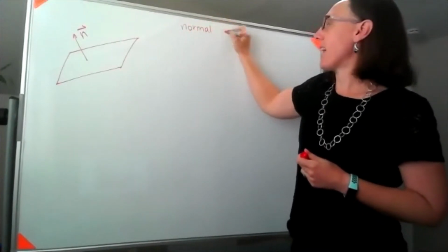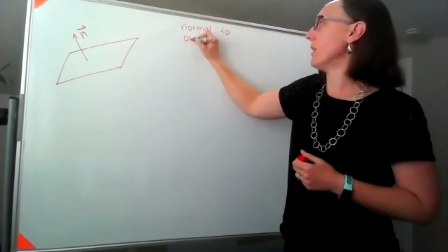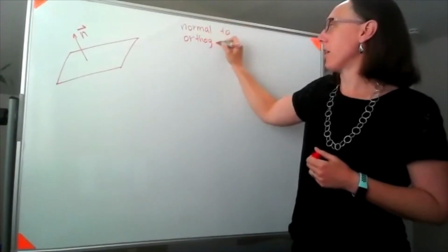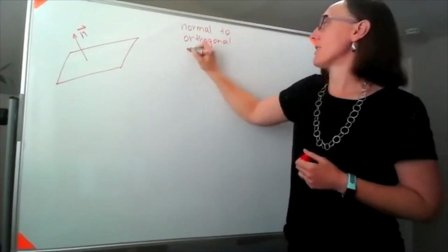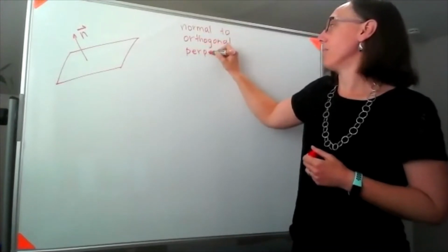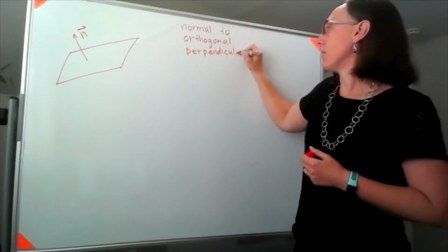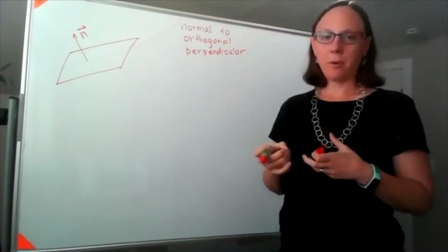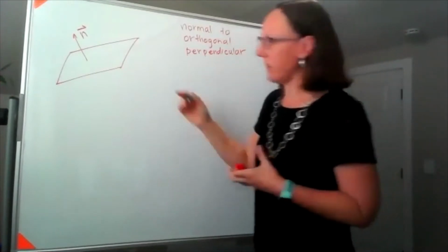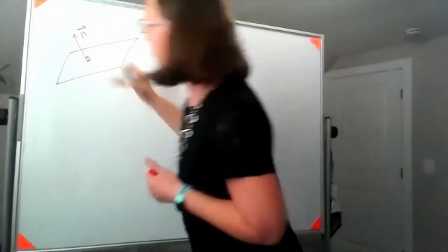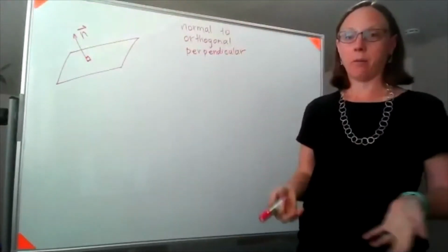Normal to is the same thing as orthogonal, which is the same thing as perpendicular. So when we talk about the normal vector to a plane, it is at a 90-degree angle with that plane.